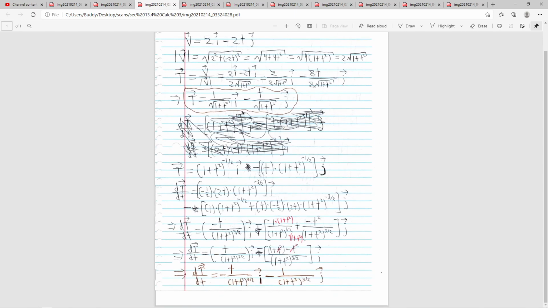Not too crazy. Another way of writing that is in power form, because I want to use this to take the derivative. I used just the power rule here, taking down the power. This one I used the product rule.